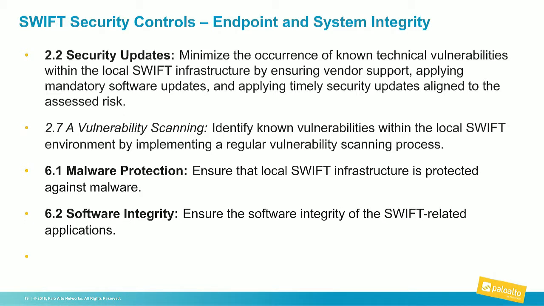Now, Traps also has integration with our Wildfire threat analysis service that enables dynamic analysis and identification of new malware, as well as the creation of new protection and prevention in as little as 5 minutes. This ultimately protects endpoints from exploits and malware that may attempt to inject malicious code for execution.